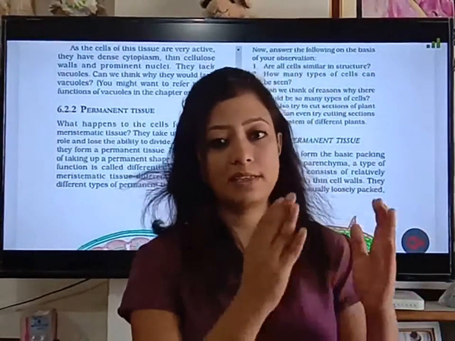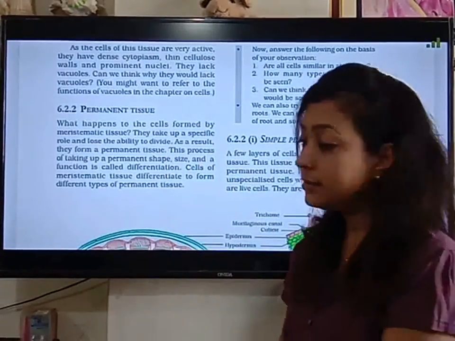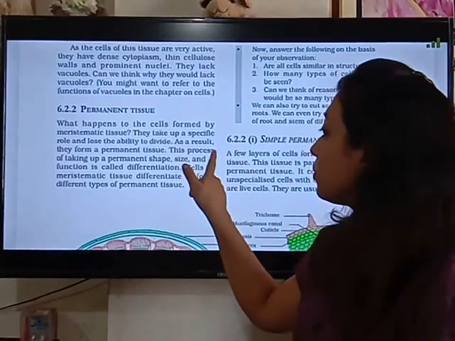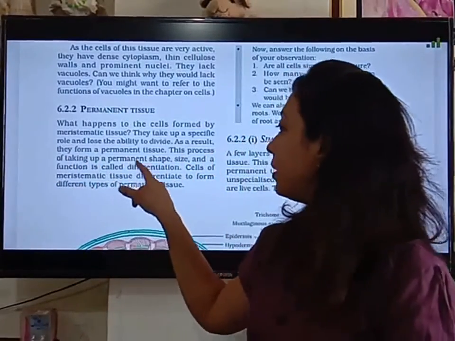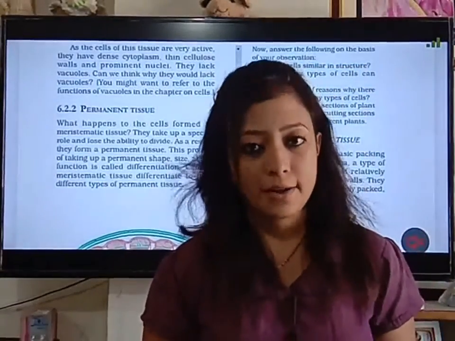And later on, this meristematic tissue changes into permanent tissue. Now children, here is the definition of differentiation. This process of taking up a permanent shape, size and a function is called differentiation.